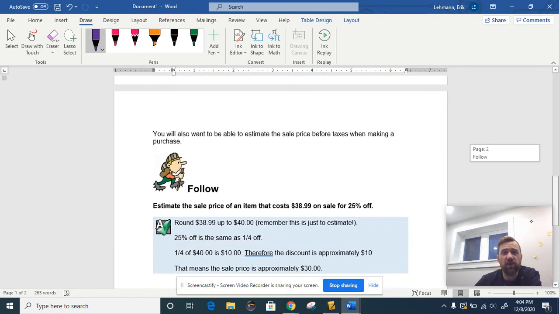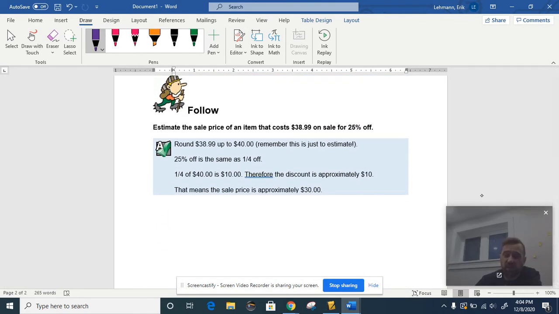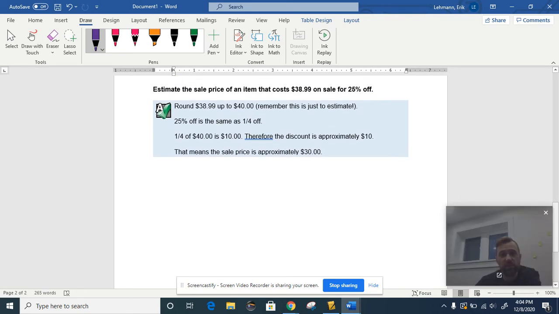There's another example here. It says you may want to estimate, and we've talked about estimating before. We round to the nearest number, 10%. We talked about 10% being rounding up to the nearest 10 and then removing a decimal.